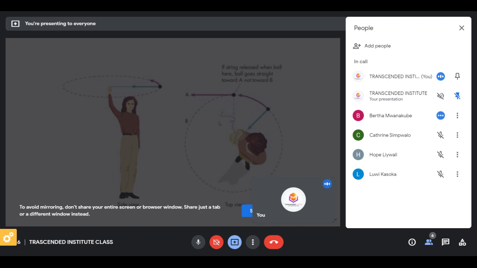So in this case where you've tied something like that, what is acting as the centripetal force is the tension. And what is the tension? Tension is the force that acts along a string, a cord, or a rope. Let not tension confuse you. Tension is just a force, a force acting along a rope or a cord or a string.